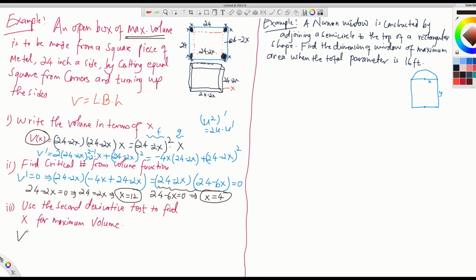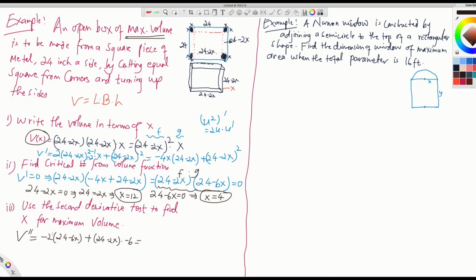So what is v double prime? It is again like f times g, right? So f prime is negative 2 times g, which is 24 minus 6x, and then plus f times g prime, which is 24 minus 2x times g prime, negative 6. If you simplify that, what do you get?